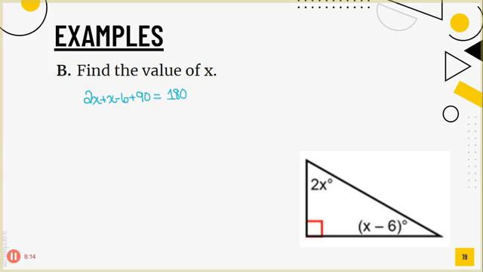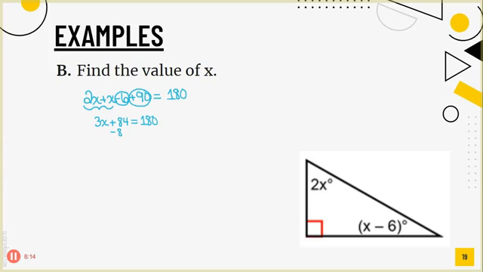So then we're going to combine like terms. We have X and 2X, which would give us 3X. And we also have negative 6 and 90, which would be a positive 84. And then we have a 2-step equation where I'm going to use inverse operations to solve.